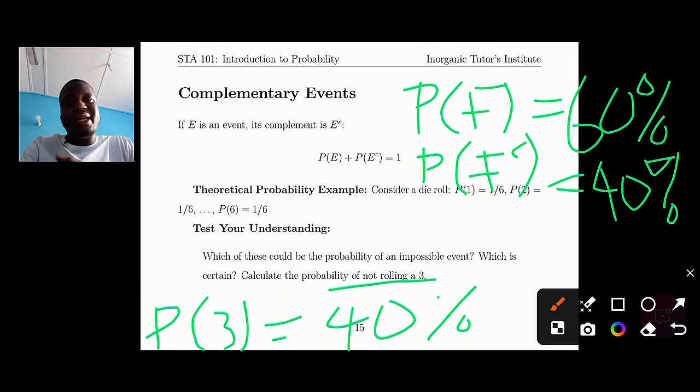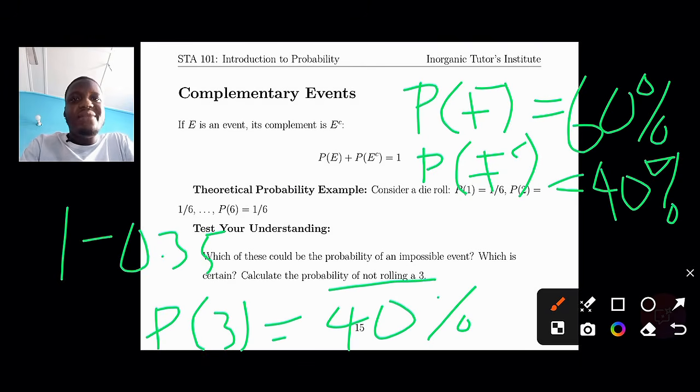If the probability of attending a class is 35%, then the probability of not attending the class is 1 minus 35%, which is 65%. If the probability of winning a match is 80%, then the complement, not winning a match, is 20%.